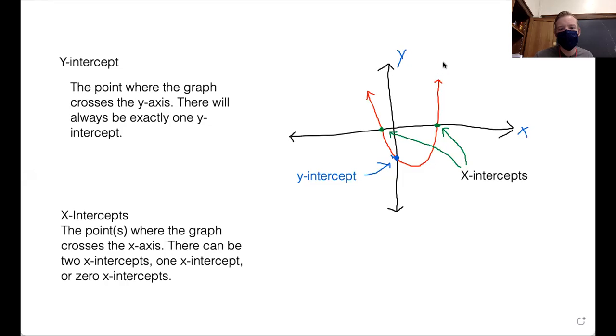The last thing that we want to look at is what's called the axis of symmetry. And this isn't a point. This isn't a point, but this is actually a line that we add into our graph. The axis of symmetry is a line that divides our graph in half. It's the line of reflection so that both sides of the graph are the same.